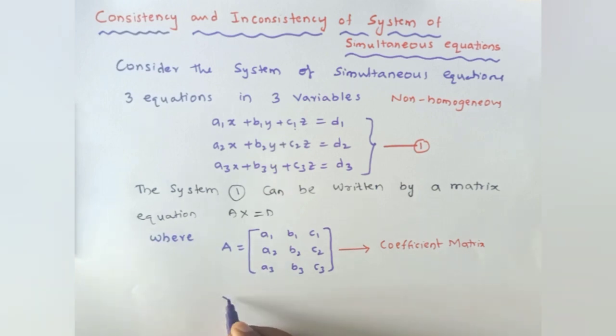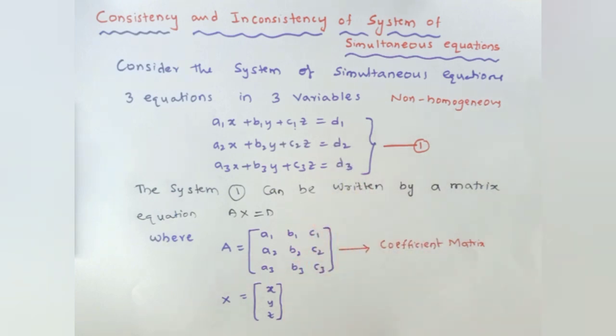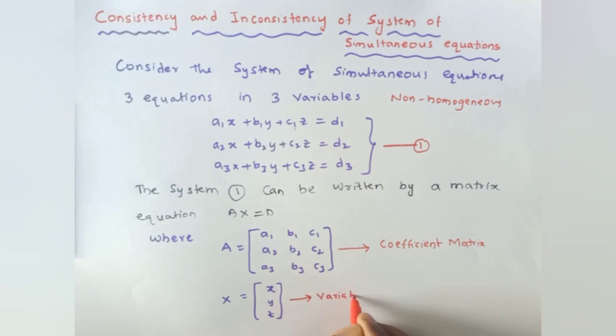And where x is, there are three variables x y z. In this system x comma y comma z are variables, so this is known as a variable matrix.